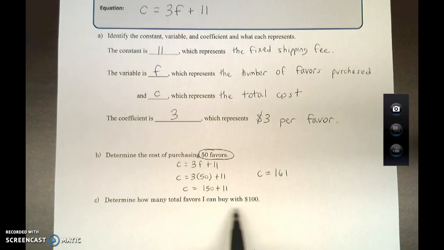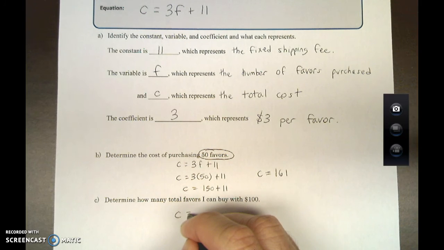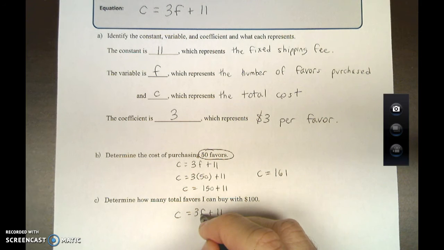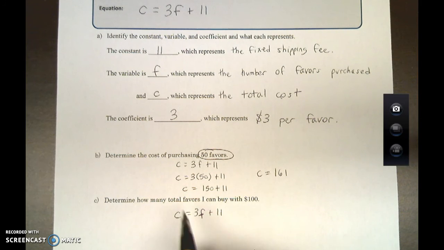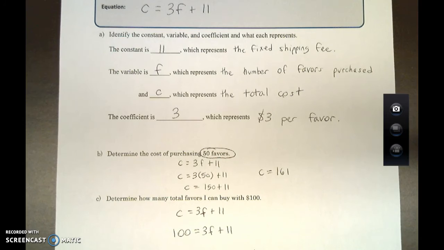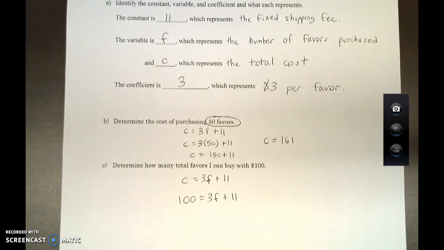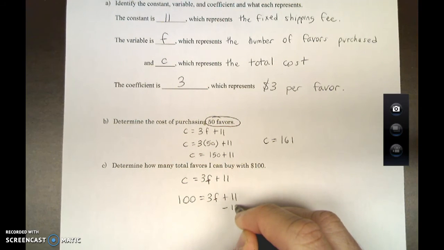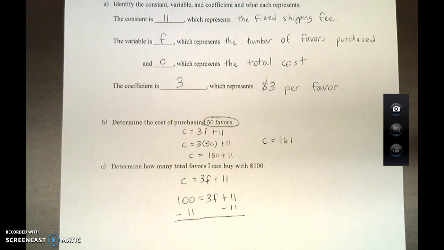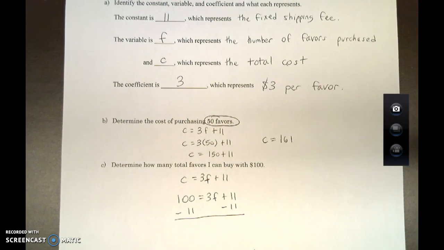Determine how many favors I can buy with $100. So again, I'm going to write my equation. I'm going to plug in 100 for C, because this time it's cost, and solve. I'm going to subtract 11 on both sides. 100 minus 11 is 89.